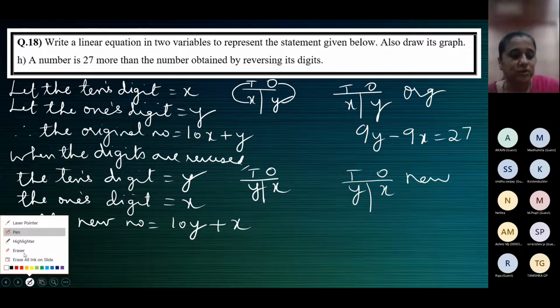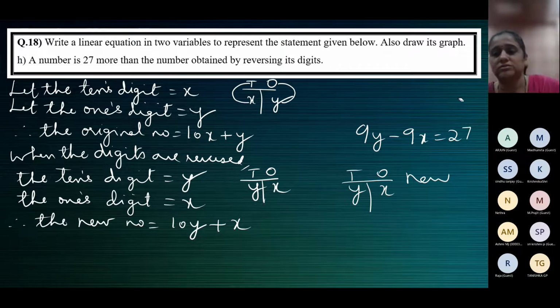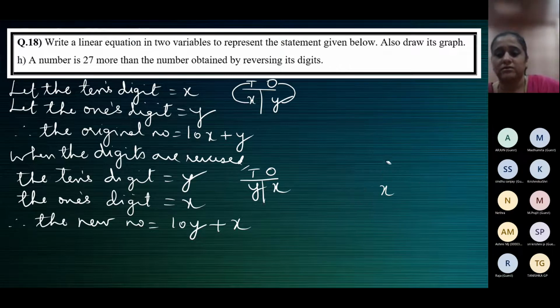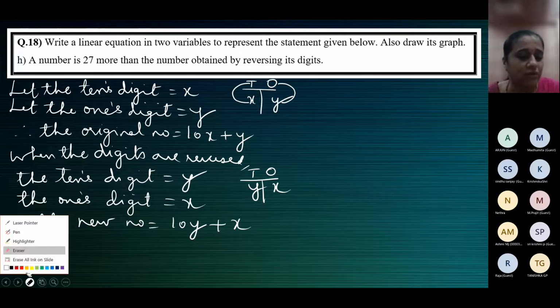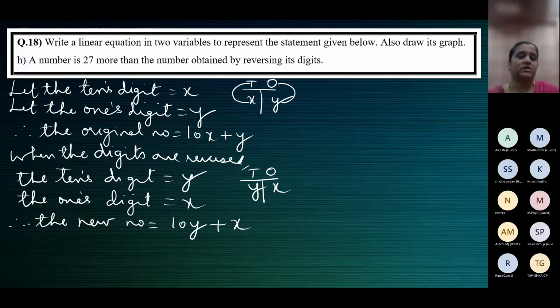Now, what is the equation? You will have to identify which is greater. Read the information. A number, meaning the original number, is 27 more than the number obtained by reversing its digits. So there are two numbers.